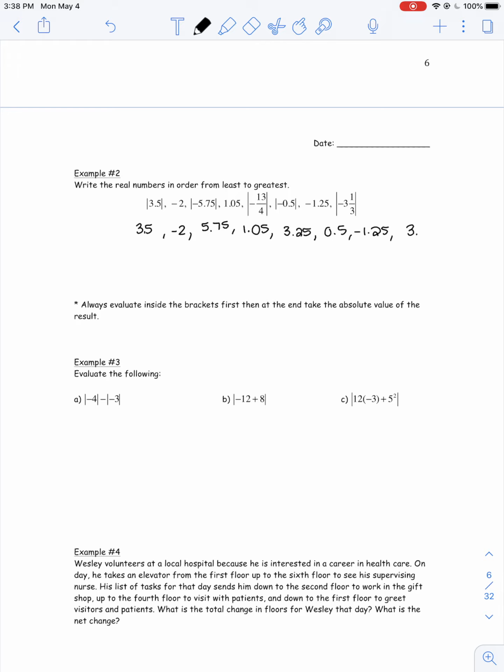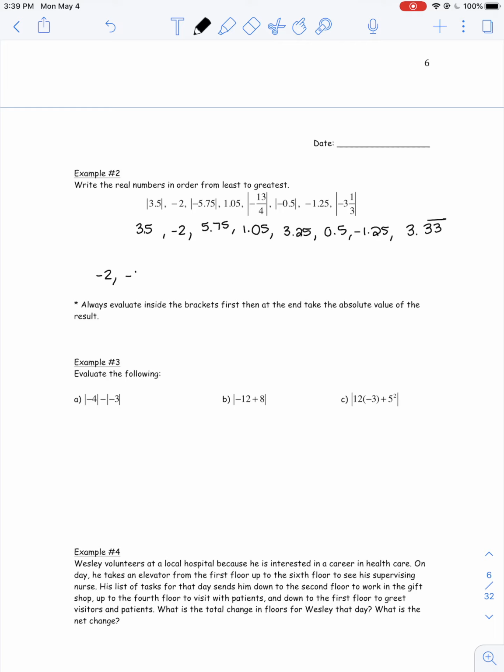And the absolute of -3 1/3 becomes +3 plus 0.333, and those are repeating values. Once I've changed them, I'm going to order them from least to greatest.